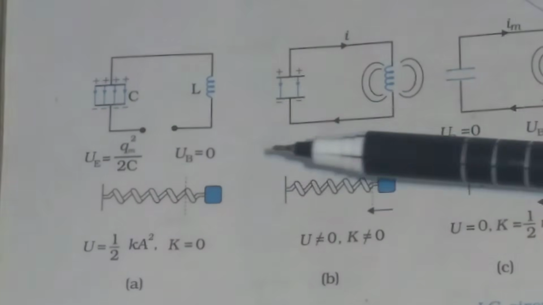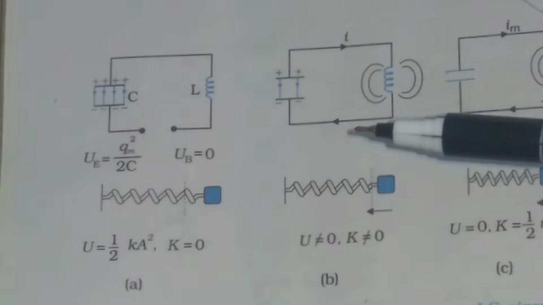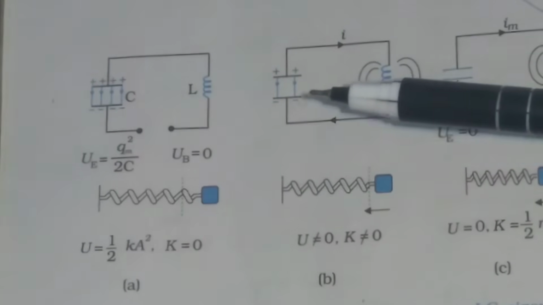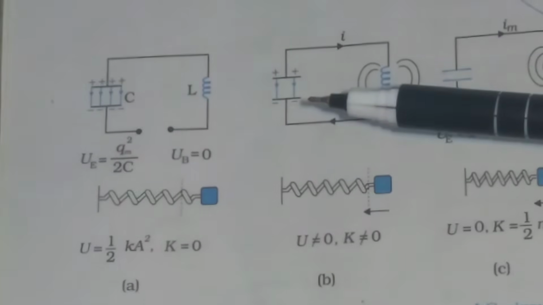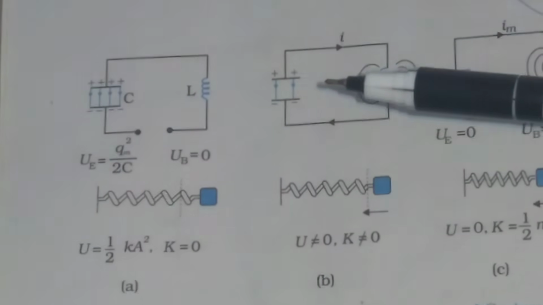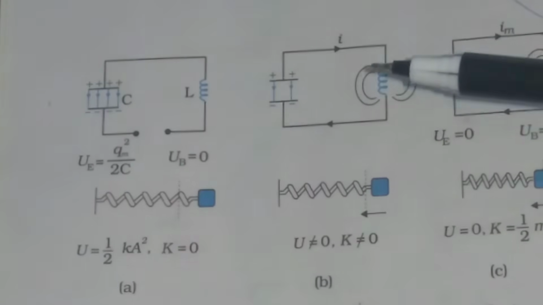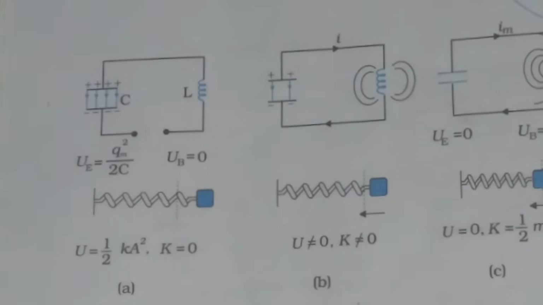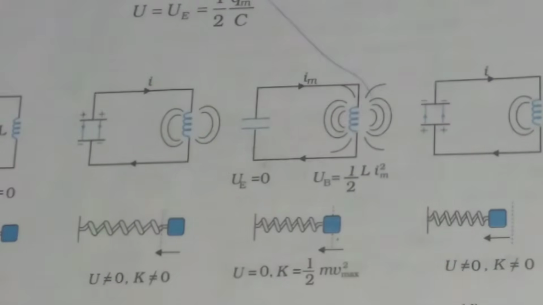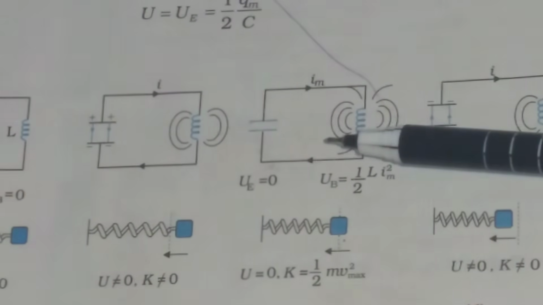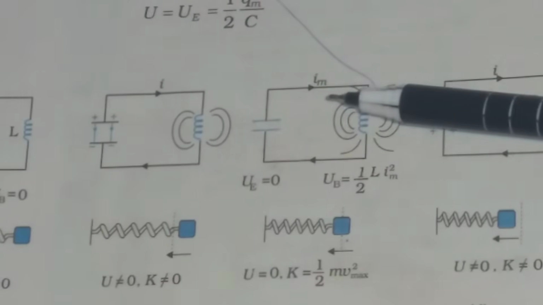When the switch is closed, now you see in this figure, the switch is closed. When the switch is closed, the capacitor starts to discharge. So magnetic energy gets stored in the inductor. Now you see in this figure C that the current reaches its maximum value.